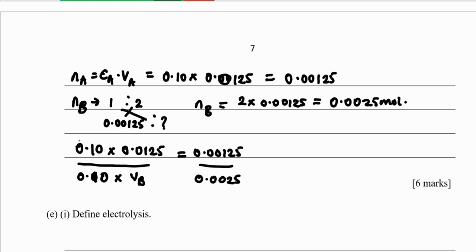When we multiply these through and cross multiply, we get our VB to be equal to 25 in centimeters cube.